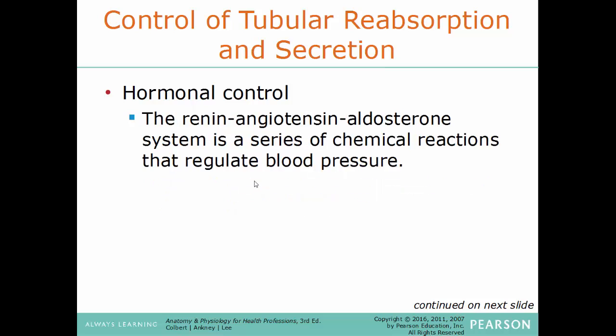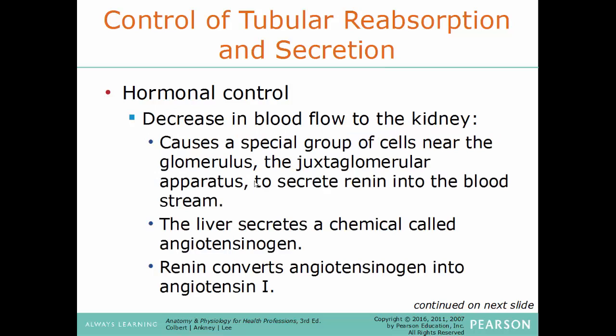The next one, the renin-angiotensin-aldosterone system, is a series of chemical reactions that help to regulate blood pressure. Whenever there's a decrease in blood flow to the kidney, this causes a special group of cells near the glomerulus, called the juxtaglomerular apparatus, to secrete renin into the bloodstream. Now the liver will secrete a chemical called angiotensinogen. The renin will convert that into angiotensin 1.